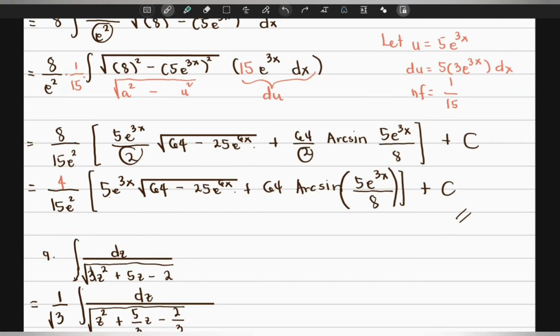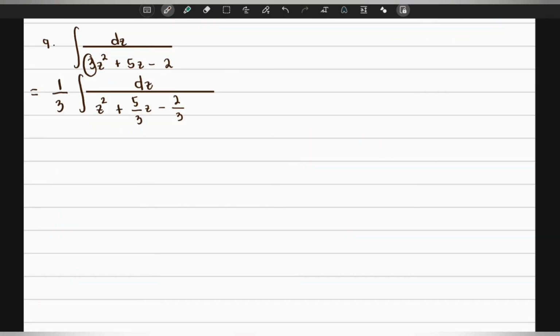Pero sa given na to, tayo mag-complete squares. So, b squared over 4a, that is also equal to b squared times 1 over 4a. 25 over 9 times 1 over 4 times 1. 1 na lang yon.